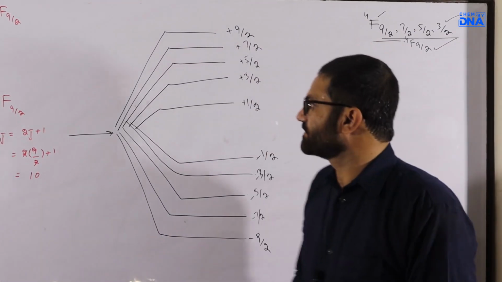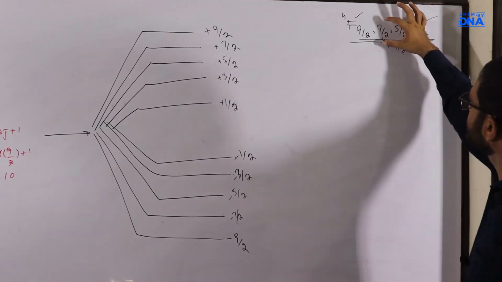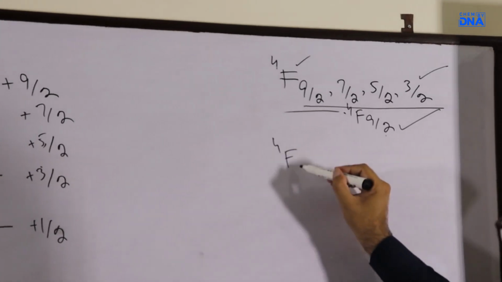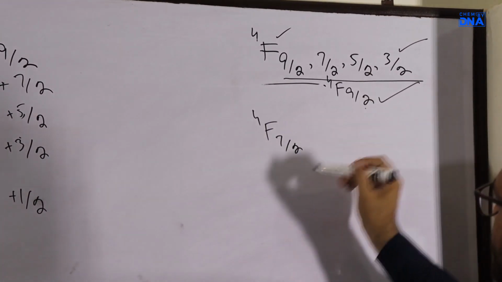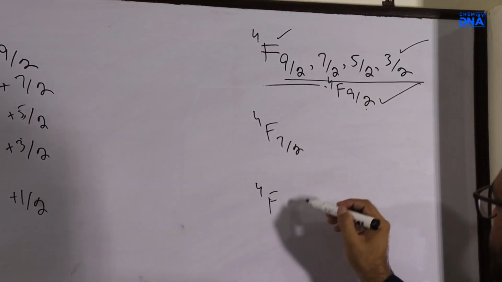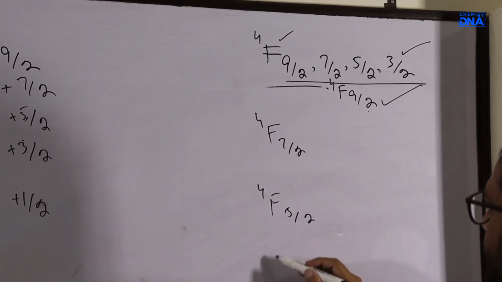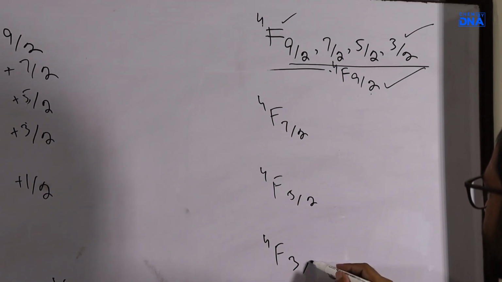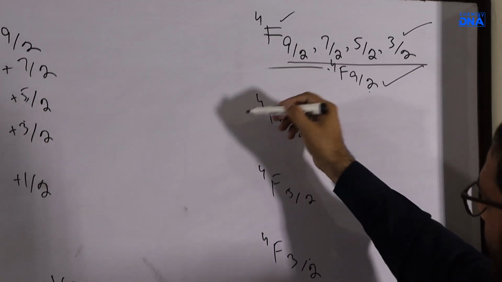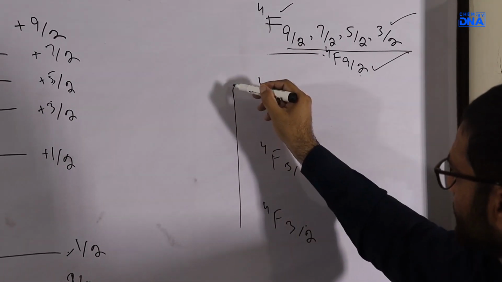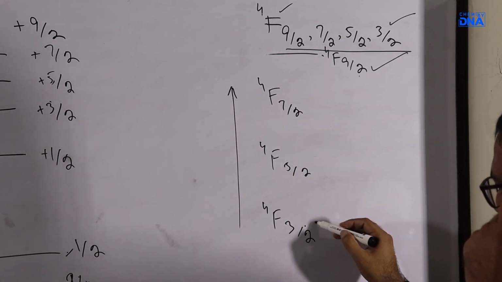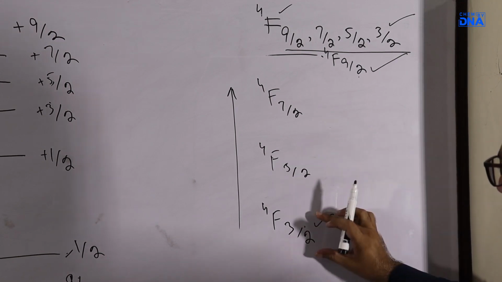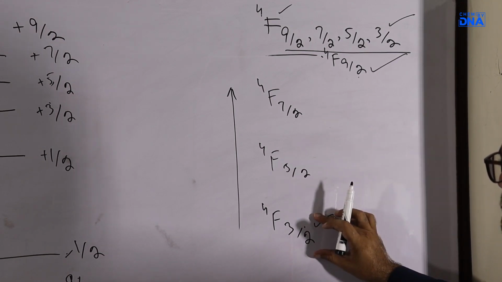Similarly, you can place for all these terms, that is F quartet 7 by 2, then F quartet 5 by 2, then F quartet 3 by 2. I have arranged these terms in accordance with the energy, so this falls lower in energy and 5 by 2 has greater energy than this 3 by 2 J value.